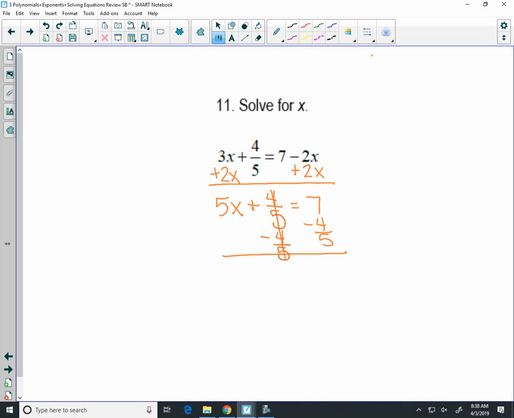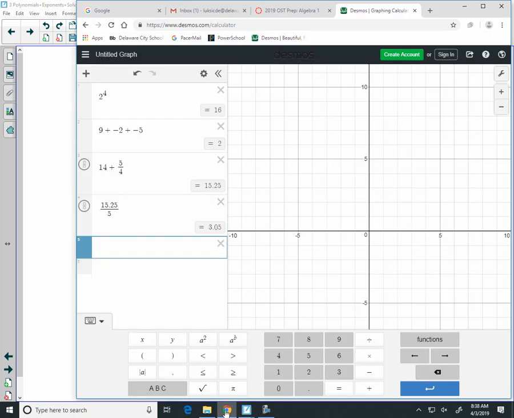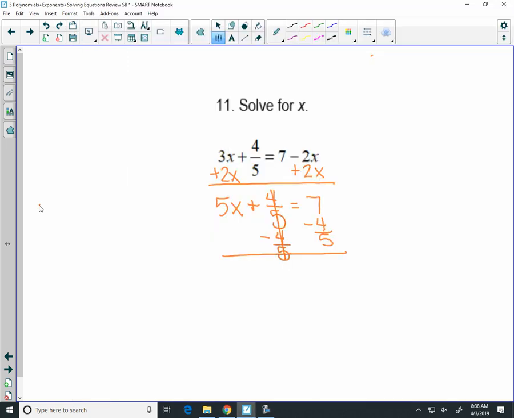And again, don't skip it because there's a fraction in it. Let Desmos do the fraction for you. 7 minus 4/5. 6.2. I thought it was going to be worse than that. I thought it was going to be longer. I was dreading the decimal that I was going to have to write. Not so bad.